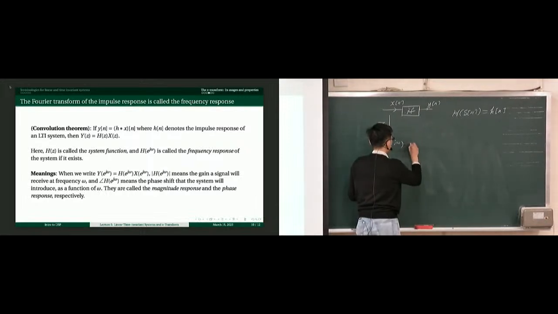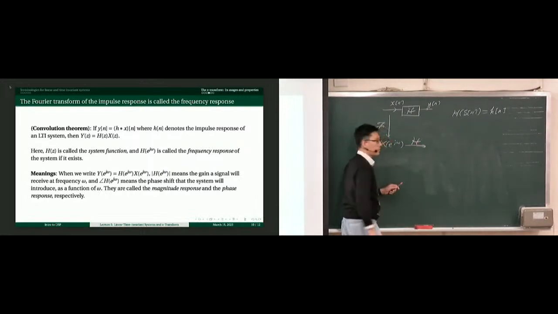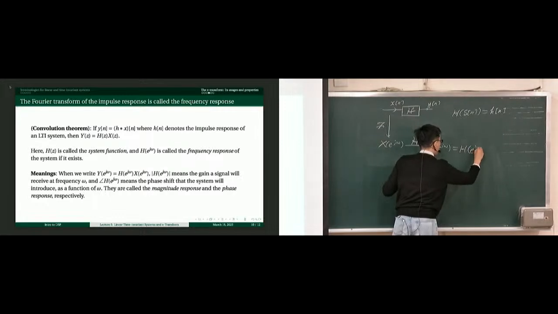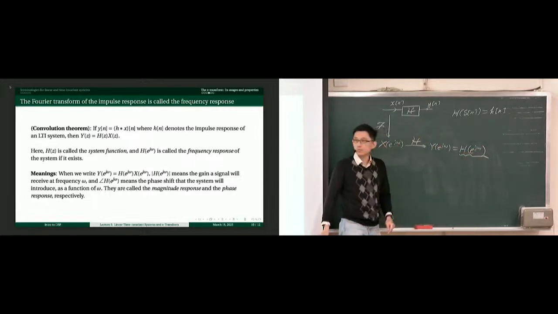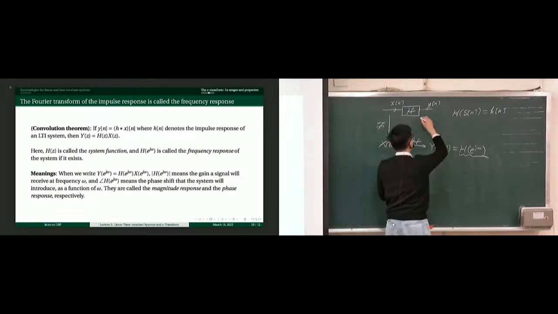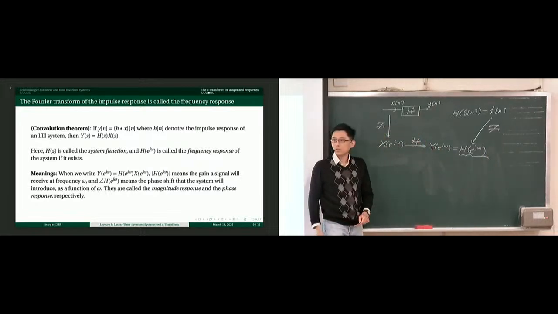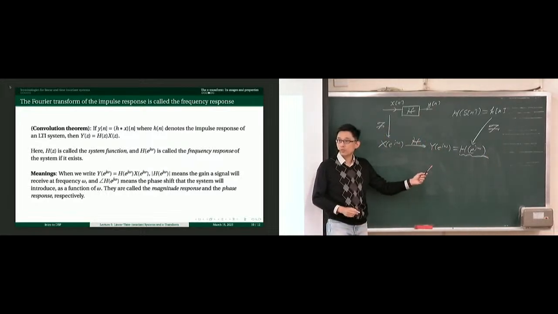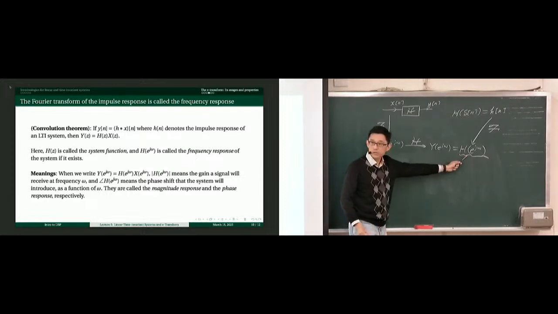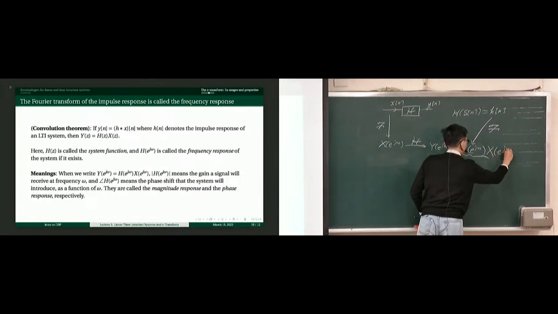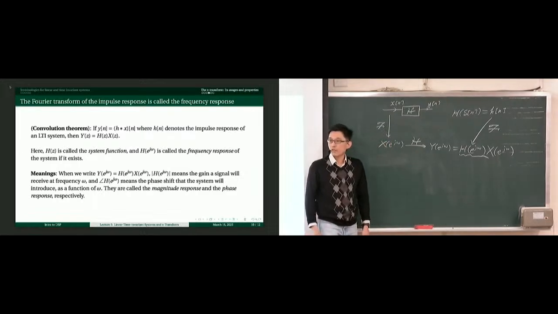And then what will H do? After the system processes the spectrum, you can think of the output spectrum as equal to H, the frequency response, which is the Fourier transform of the impulse response. Then Y equals the frequency response times X, the input spectrum, at every frequency.